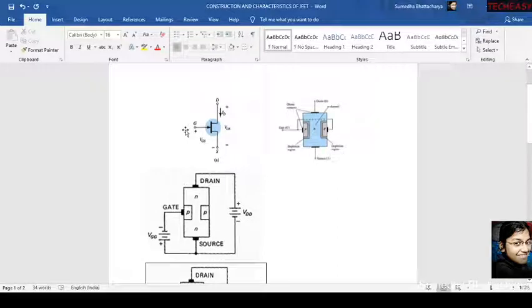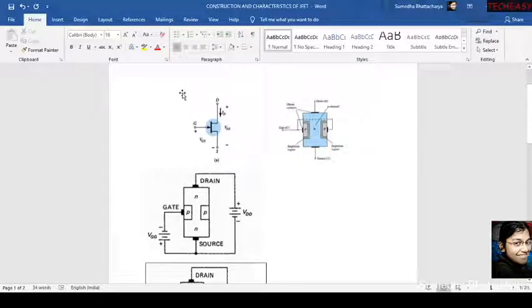Now, those who have studied BJT, which is another type of transistor, the bipolar junction transistor, they also know about the symbol of BJT, right? There we are connecting the arrow.